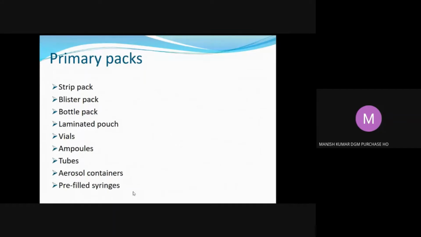In between, I request everybody to note down some critical points and search those things in Google, or if you can get them in books, read details about those topics. That will help you in future if you are interested in pharmaceutical packaging.